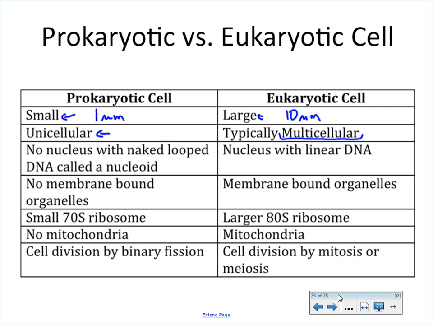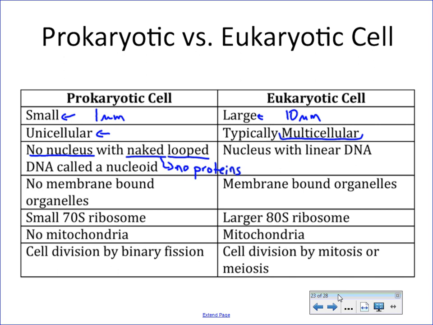In prokaryotic cells, there is no nucleus. The DNA is going to be looped and naked, meaning there are no proteins associated with that DNA, and it's found in a region referred to as the nucleoid.